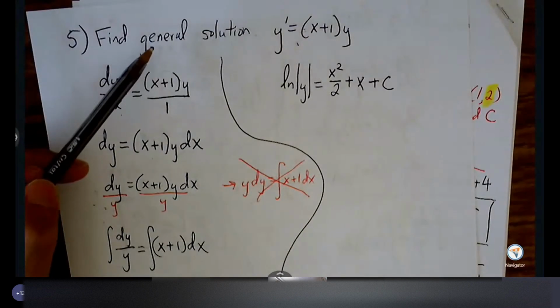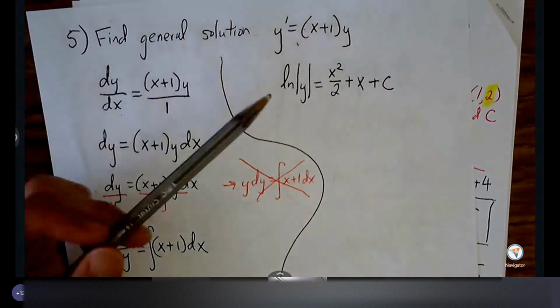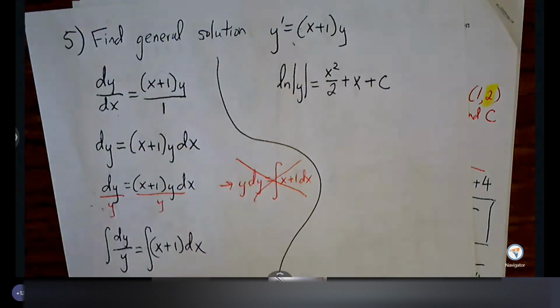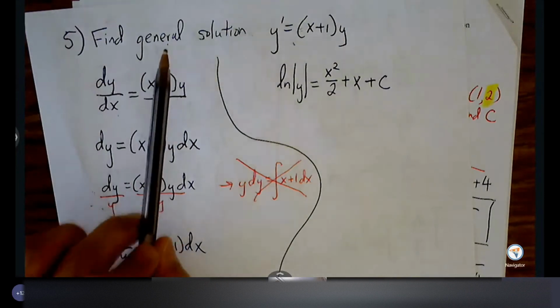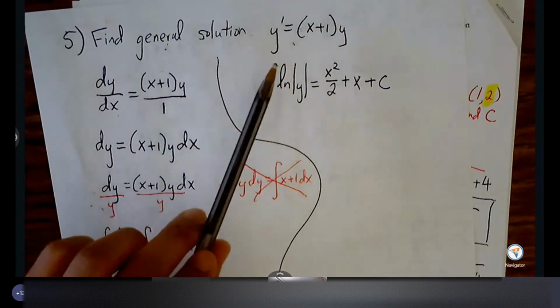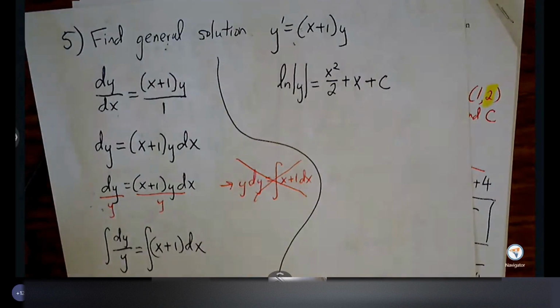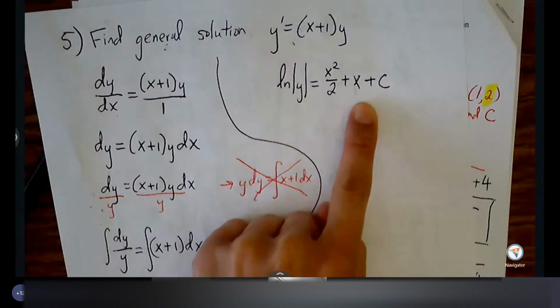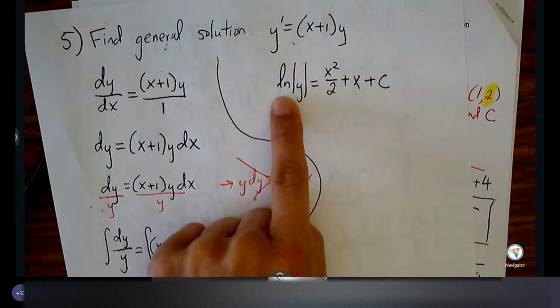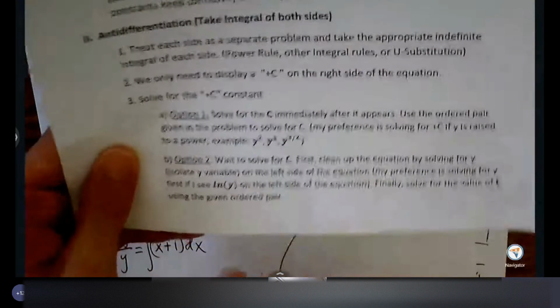It says find a general solution. We want to solve for y. And okay, so before we do that, I know it's only asking for a general solution, but let's say this was asking for a specific solution. Okay, if it's asking for a specific solution, we know we got to solve for C, but I want to point out that typically, if I see natural log in the problem, I'm going to wait.